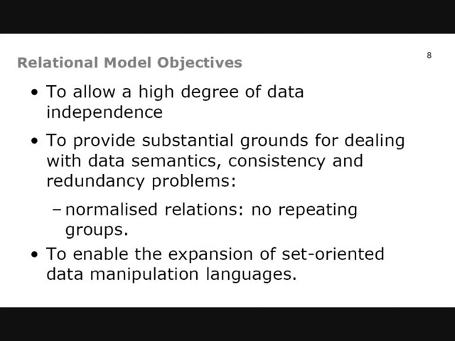So this is providing independence. So this relational model is thought out with this concept in mind. It's supposed to allow you this independence that we seek in the data. And also it's going to allow us to deal with things like data semantics, consistency, and redundancy problems.